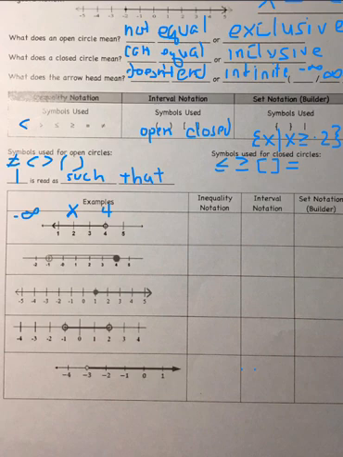So with inequality notation, you could either write negative infinity is less than X is less than 4, so it's always going to be like this. But I don't need to say that. I know it's definitely going off to negative infinity, so I can just say X is less than 4.